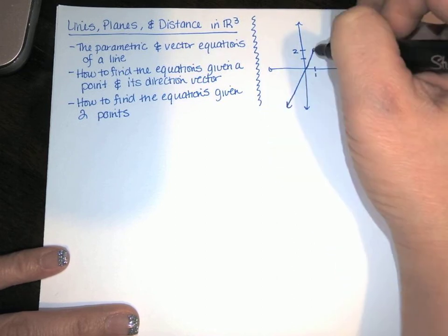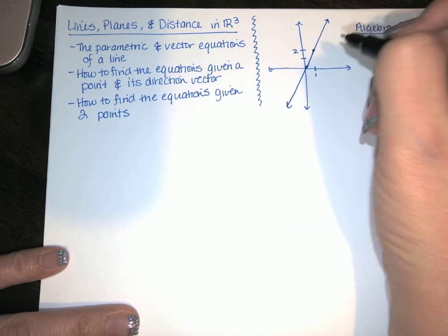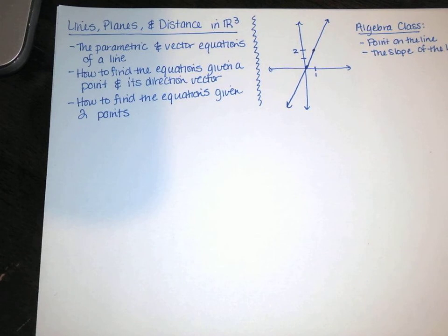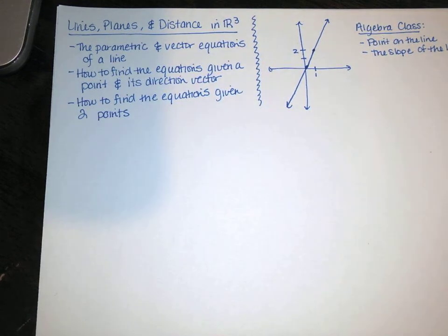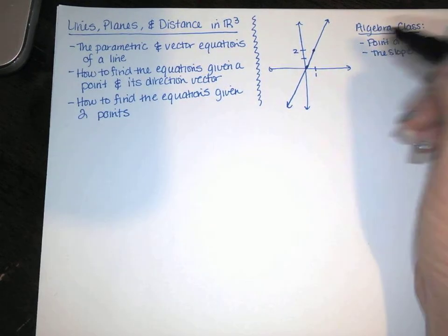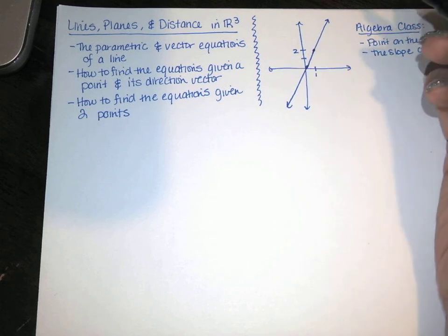So if our line contained the origin, I would go up 2 and over 1 and find another point, or up 2 and over 1 and find another point. So that's giving us some sense of the direction that that line is going in two-dimensional space. But I could have a line with exactly the same slope that passes through a completely different set of points.